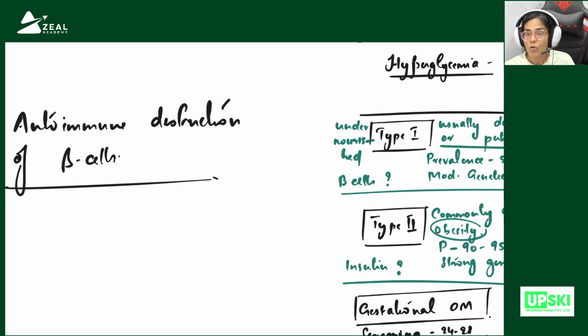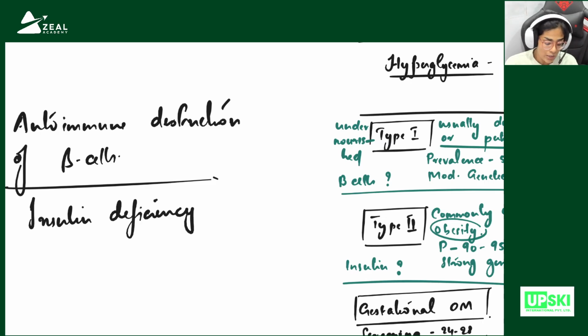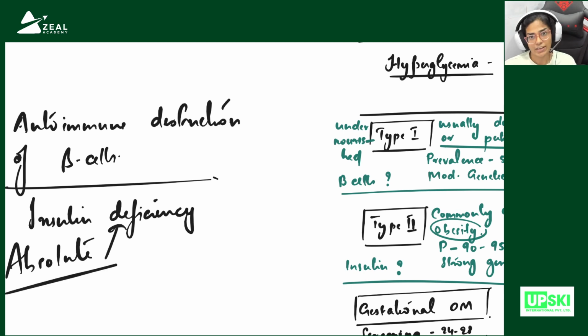So that's going to cause beta cell destruction. Beta cells are responsible for the production of insulin. Type 1 diabetes mellitus patients have absolute insulin deficiency. So insulin must be given exogenously for these patients. Okay, this is absolute insulin deficiency.